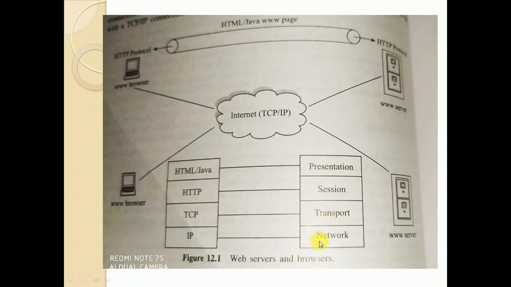So the WWW is structured with the client and the server, where a client accesses these services. The servers can be either local or available through the global network.